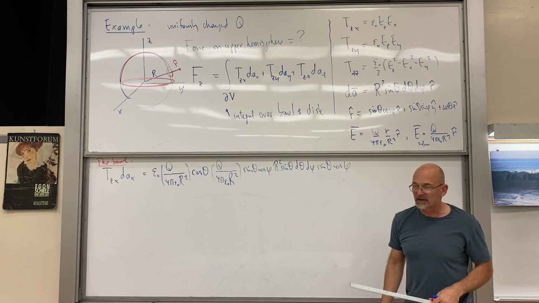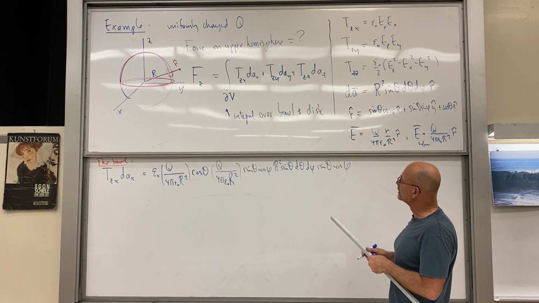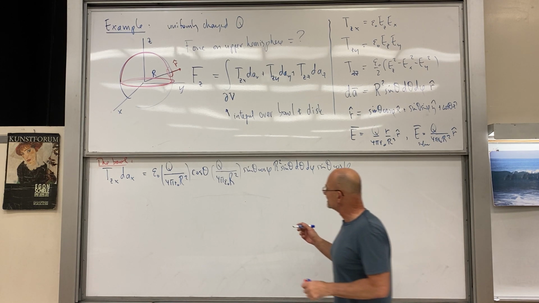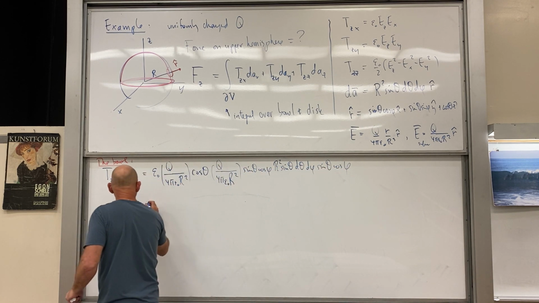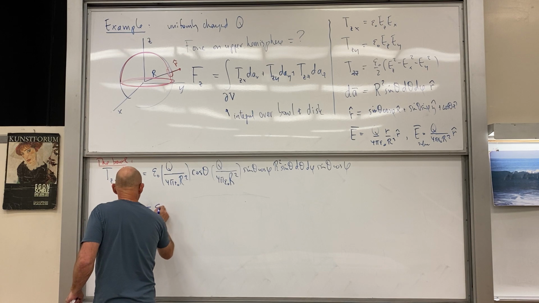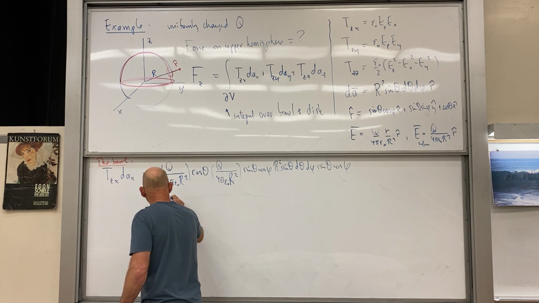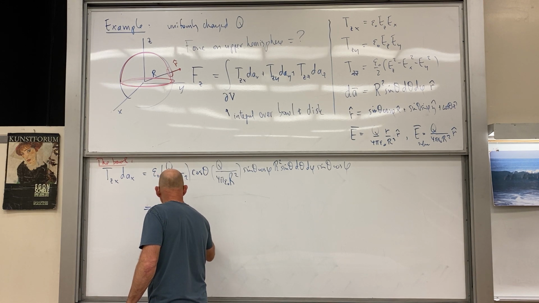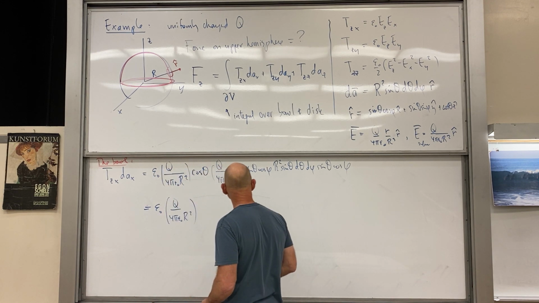Okay, so yeah, there's a lot going on. We have two more of these to do, and then we have to sum them up. That'll take on this form here. We'll have epsilon naught Q over 4 pi epsilon naught r squared. Okay.